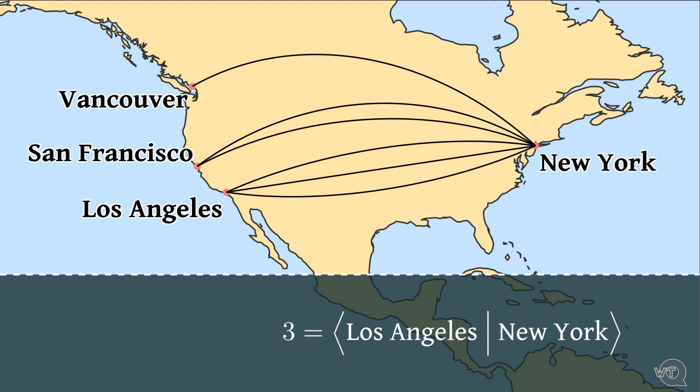So what is the chance that we end up flying to Los Angeles? It's 3 in 6, which is the same as 1 chance in 2. This kind of calculation is so common that we sometimes write down half a bracket like this, and we call this a ket.